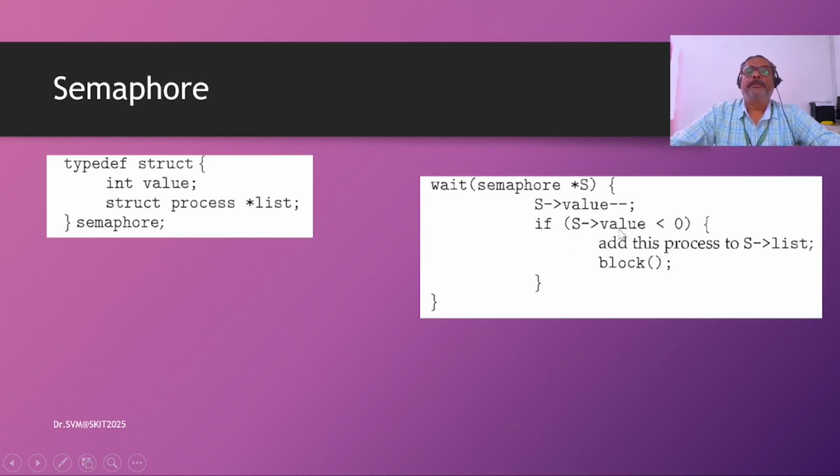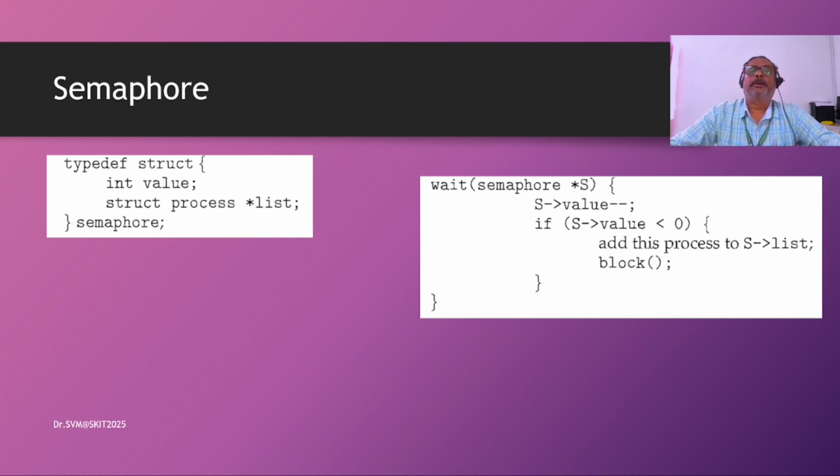Therefore, if the value is less than 0, that means it goes negative, then add the current process to the list and block it. The process which is trying to use that shared resource, if it is beyond the total number of resources available, then it has to wait.